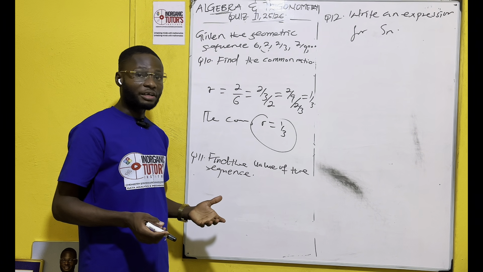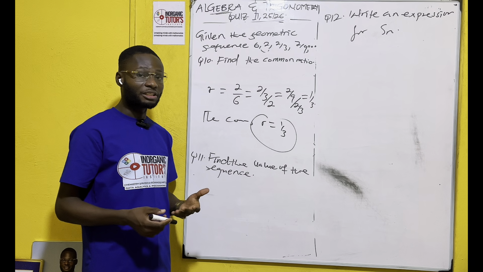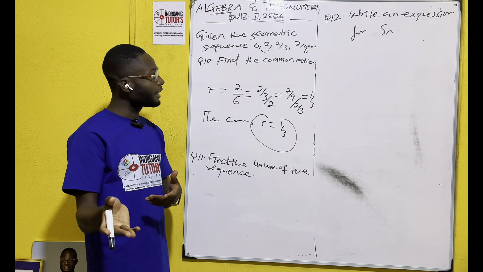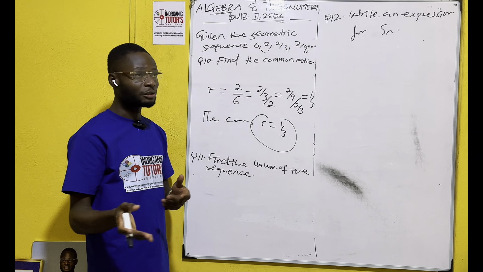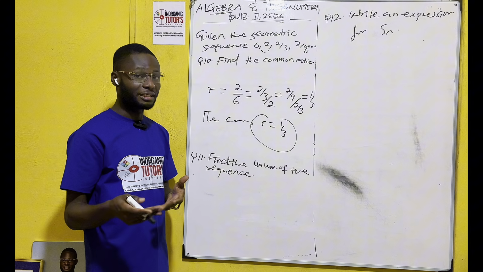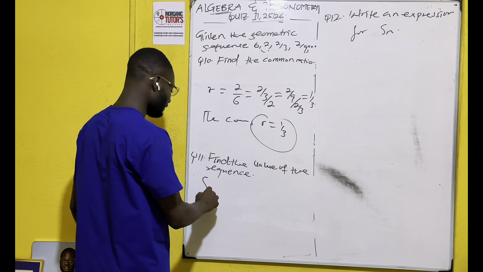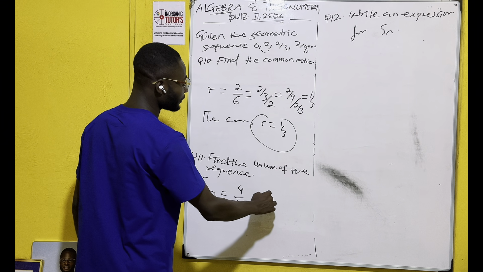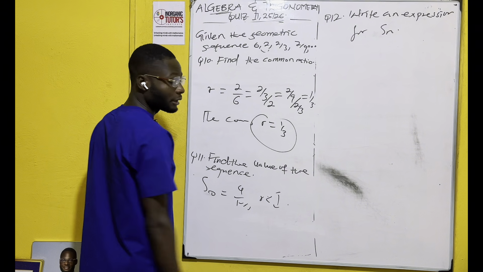Now we want to find the value of the sequence. How do we get the value of the sequence? Basically, the value of the sequence is the end product, so we use the sum to infinity formula. The sum to infinity formula says S to infinity equals A over 1 minus R, where R is less than 1.